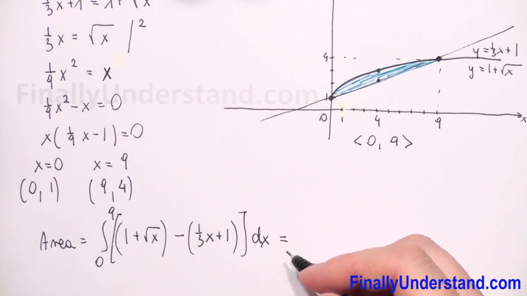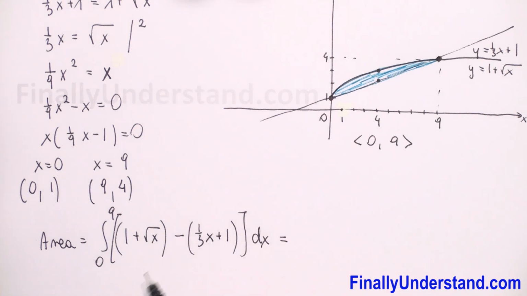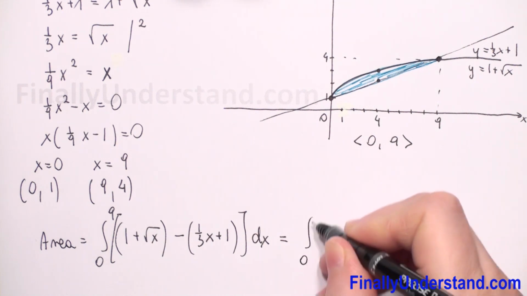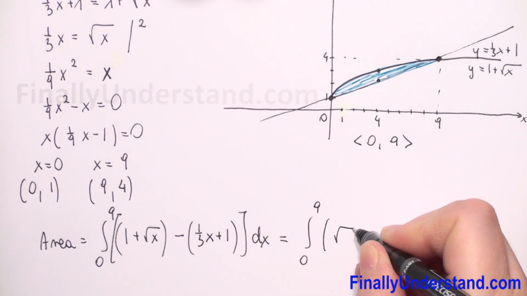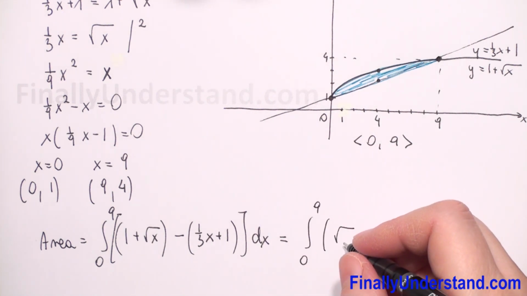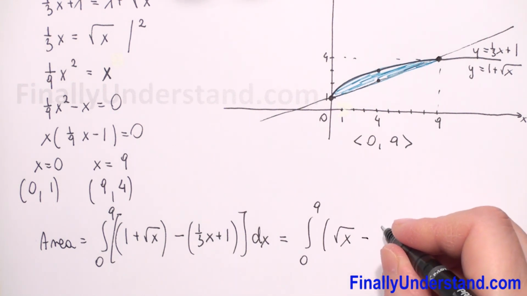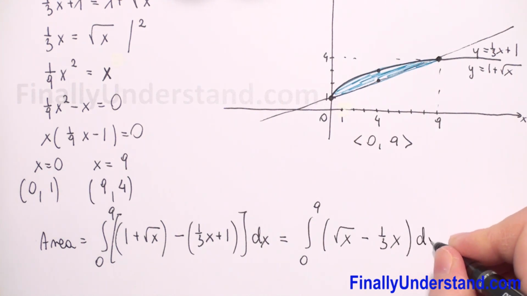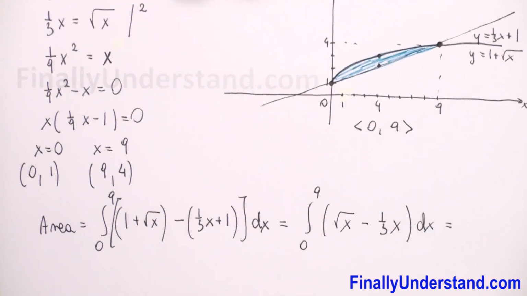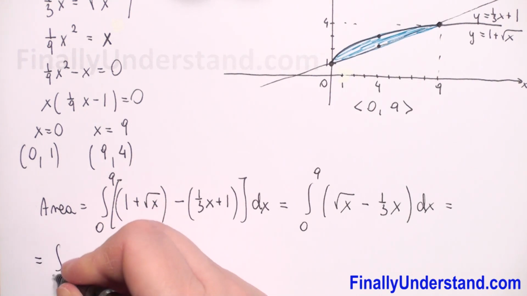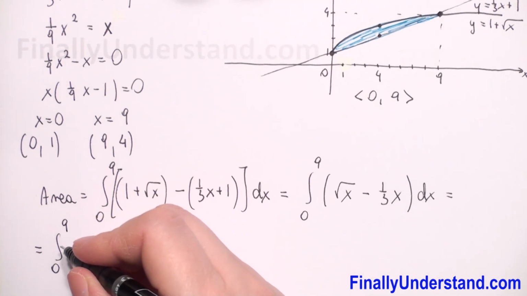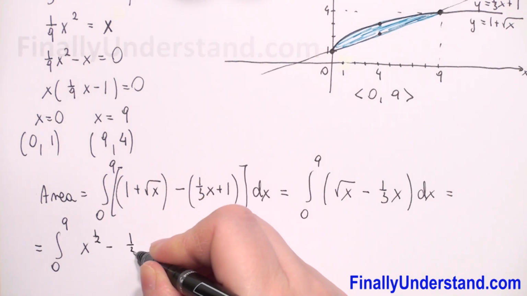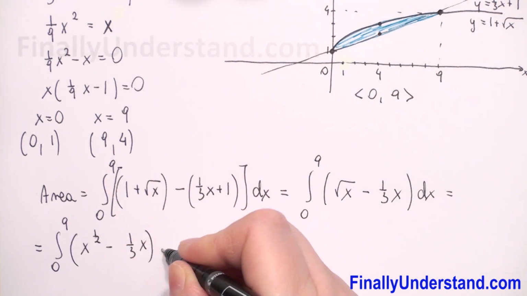We can reduce something because we have a negative sign, so 1 and 1 will cancel. So we have the integral from 0 to 9 of square root of x minus 1/3 x with respect to x. I will write the square root in power form, so we have the integral from 0 to 9 of x to the power 1/2 minus 1/3 x dx.